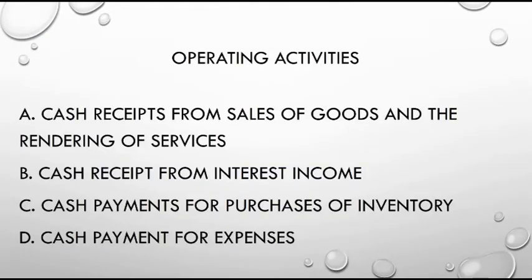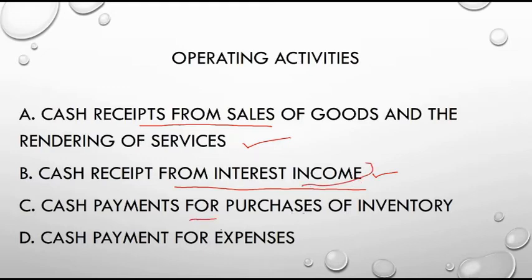So, under ng operating activities, ito yung apat na common na makikita natin. We have cash receipts from sale of goods and rendering of service or yung revenues. Cash receipt from interest income. Kung nagpautang ka, nagpalagay ka ng interest, dito mo rin makikita, income pa rin.